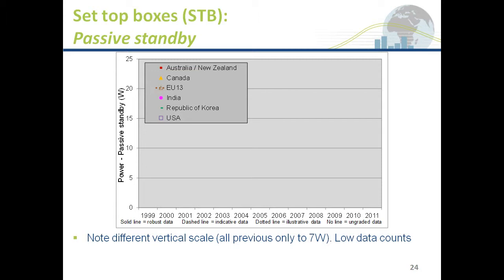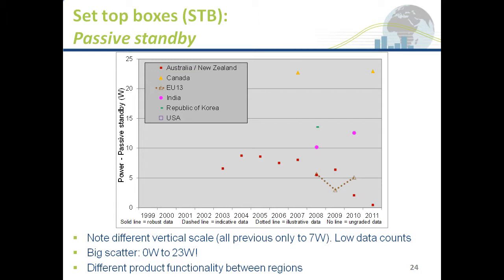The previous graphs you've looked at have all been from 0 to 7 watts, so this is a much larger variation in power, and it really does show a very wide scatter and inconsistency of performance over the years, going from 0 or nearly 0 up to 23 watts for Canada there. And we do believe that this actually reflects the very different functionality which is dominant in each of those markets.